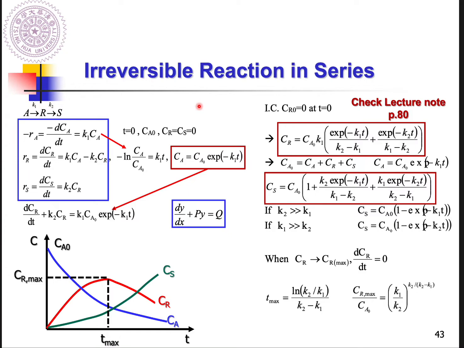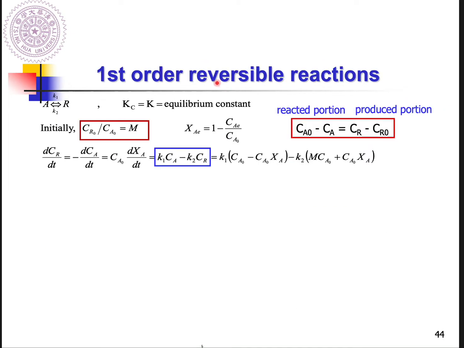Okay, so this slide is a summary of the previous slide and shows you how to get K1 and K2 for the series reaction, which belongs to irreversible reactions. Next, before we end chapter 6, we are going to give you an example related to first order reversible reactions.